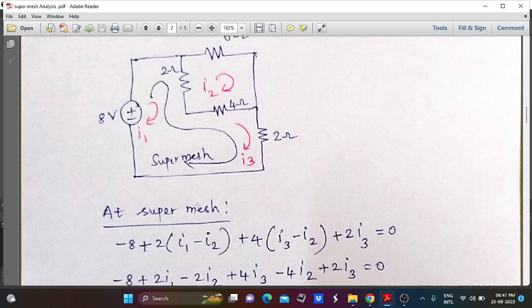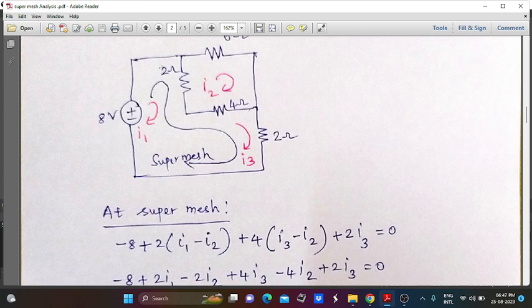Now we have to apply the mesh equation for the super mesh. At the super mesh, we have to write the equation. Here the current flows from negative to positive, so we can put minus 8 volt plus 2 into, here this 2 ohm resistor is connected in between the I1 and I2 meshes, that is, mesh 1 and mesh 2.